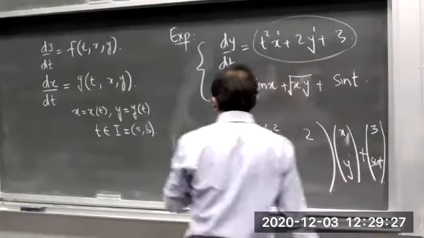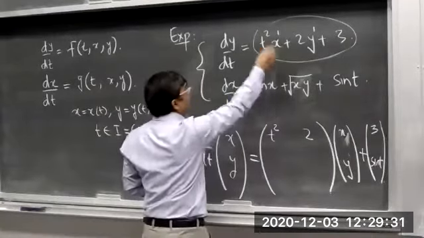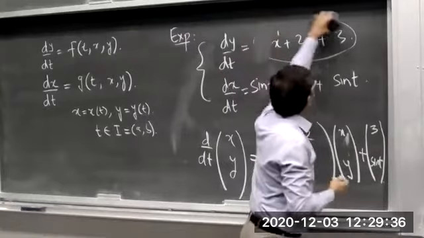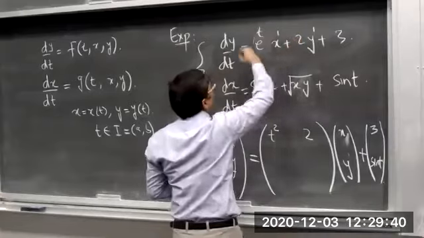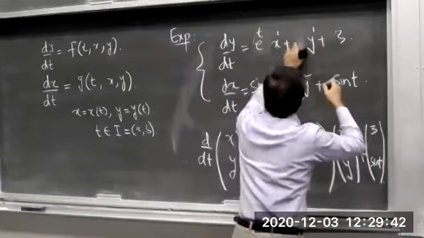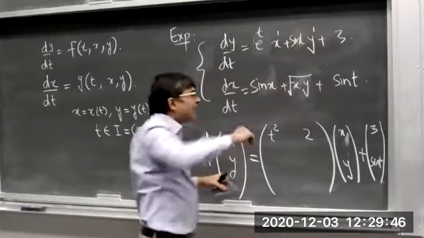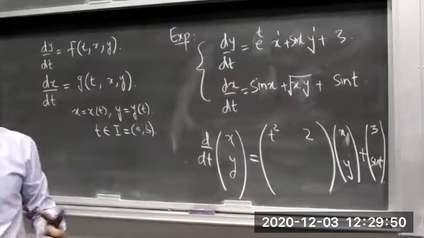Sir, can t be any function in this case? Yes, t could be any function. Here it is t square, you can write anything here. You can write any function, meaning exponential of t, and here you can write sin t. Any function of t, it doesn't matter because it is the independent variable.